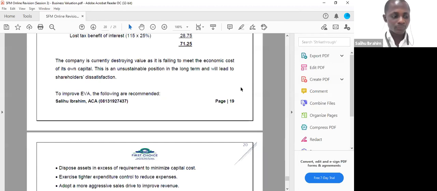To make a recommendation, what the question wants you to see is how can the company improve the EVA? That is the comment the question wants you to make, by saying comment on your result.